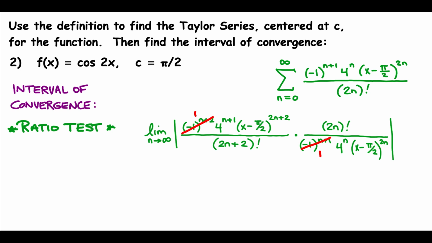Also, we have one additional 4 up in the numerator. So when we cancel away n of them, there'll be 1 left up here. That's a 4. The x minus pi over 2's, there are 2 extras up in the numerator as well. So we have a pair of those.